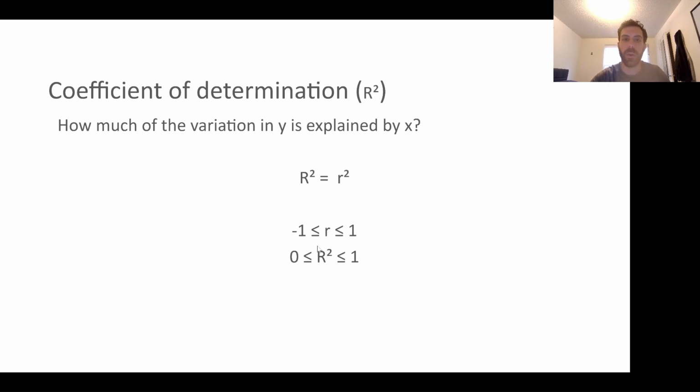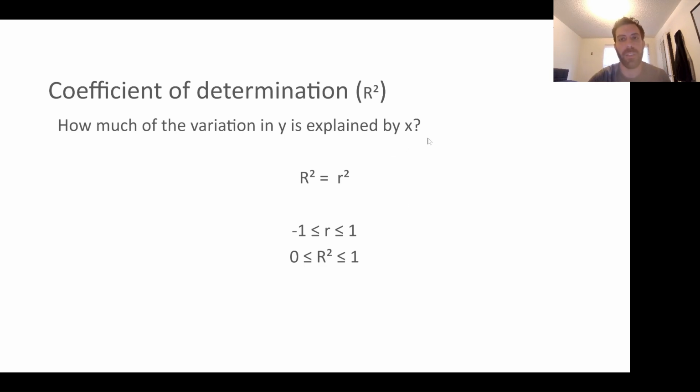On the other hand, the coefficient of determination, R squared, capital R, lives between 0 and 1, which makes perfect sense because if you square something between -1 and 1, you're going to get something that lives between 0 and 1. So the interpretation is similar in terms of magnitude, but you no longer get the direction of that relationship. Now, how do you interpret the coefficient of determination?